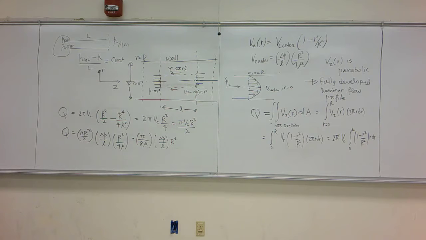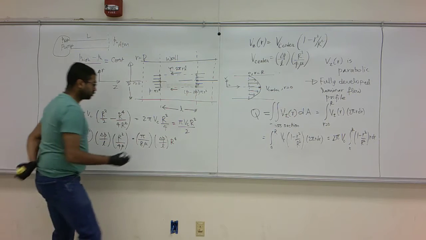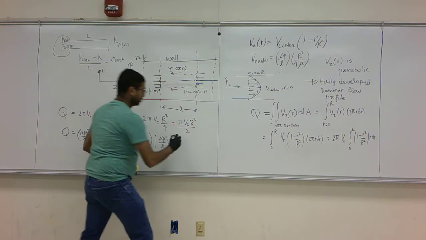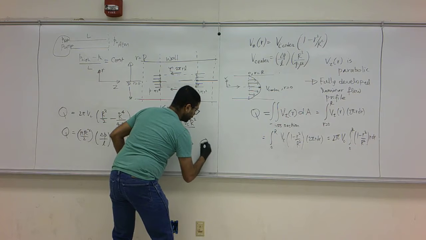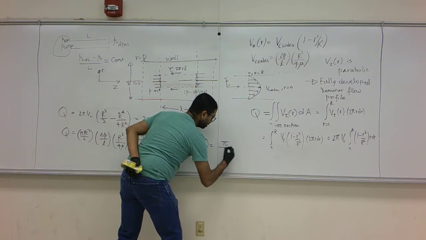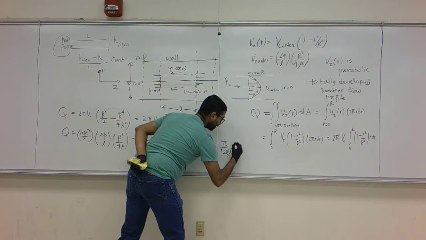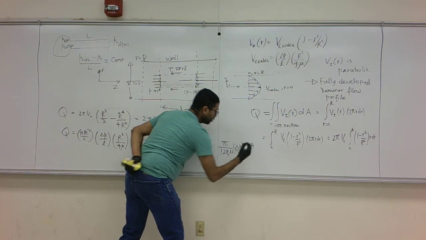Okay? If I write r to be diameter over 2, I have pi, I'll write it separately here. Q equals pi over 128 mu times delta P over L multiplied by d to the 4.